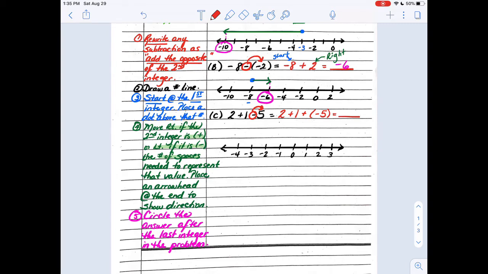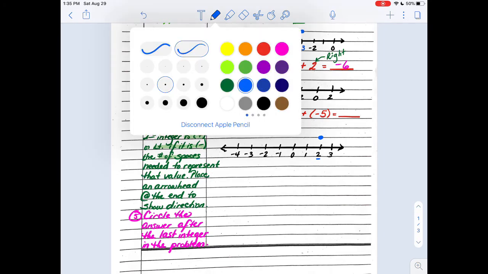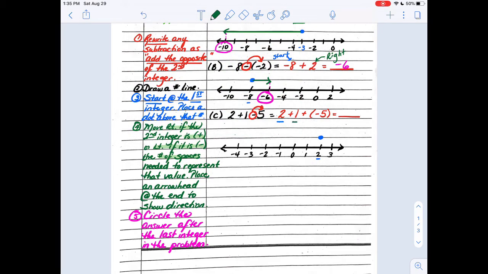Now my number line's already there, so let's start with that first integer. And my first integer is 2. So I'm going to go to the positive 2 right here on that number line and put that dot straight up. Now that second integer is a positive 1. Well, positive means you are going to go to the right.